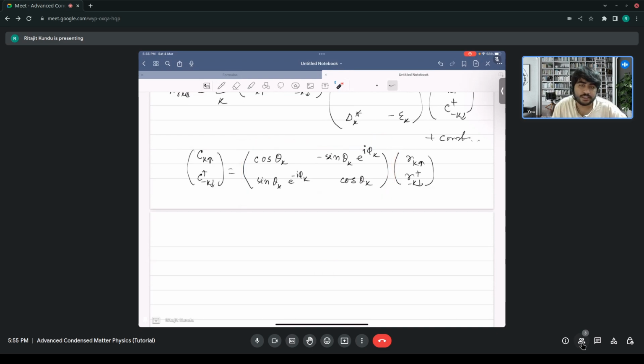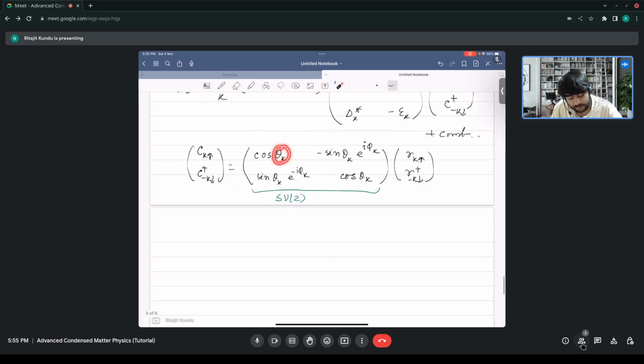This is the most general matrix you can write. Any other matrix that you can write will always be related to this by a unitary, similarity transformation as well. So this is an SU2 matrix. This belongs to SU2. And so far this theta and phi are just parameters.